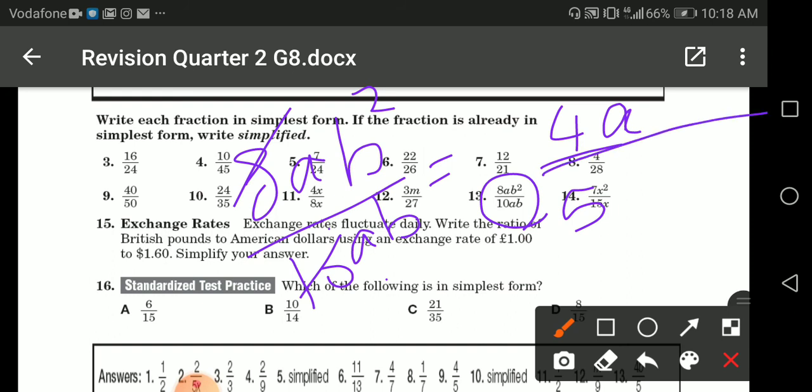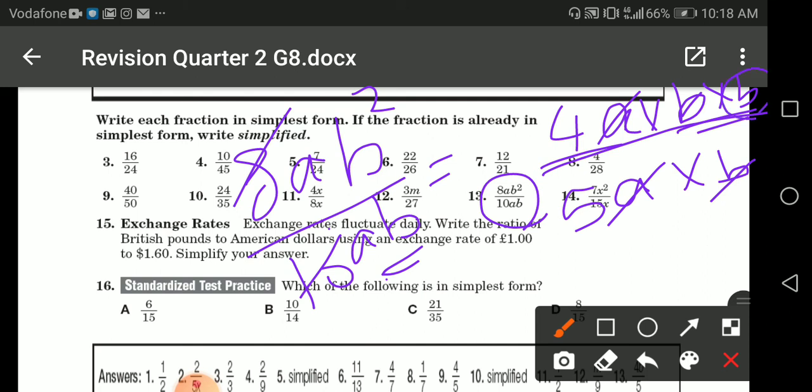We have b power 2, it means b multiplies b. I write it in expanded form. And I have here ab, a multiplies b. Then a goes with a, b cancelled with b. And the remaining I have here is b. So I have here 4 over 5, just the remaining here is b. So 4 over 5b.